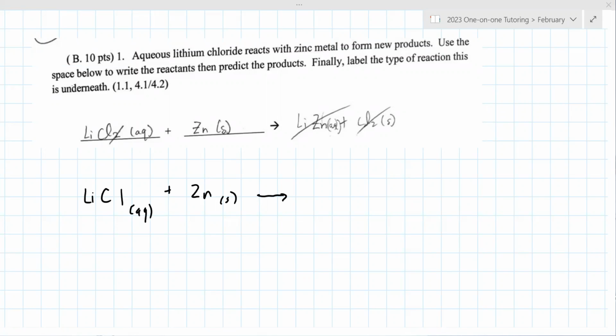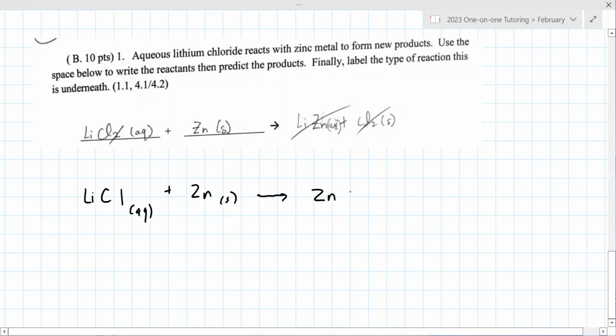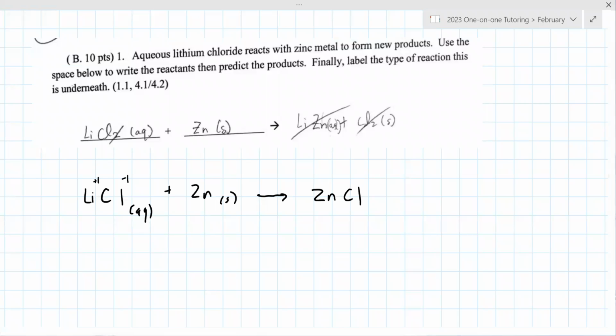So what we know is that zinc's going to get paired with the chloride. Okay, because this is +1, this is -1, and now is zinc, how do they tell you to know the charge of zinc? I don't think you need to label the charges. They just need to see if you can do it.